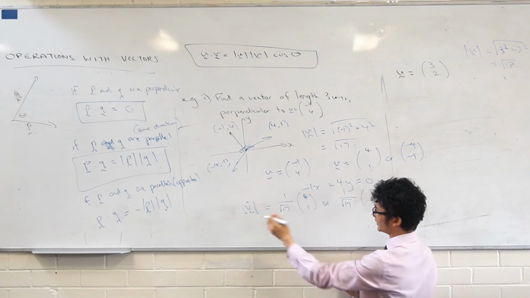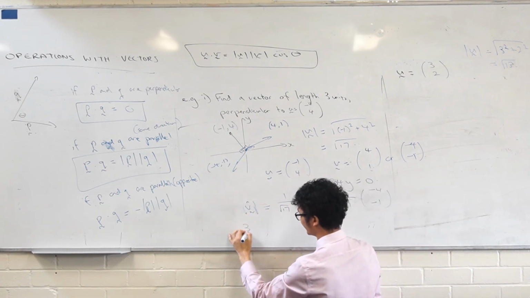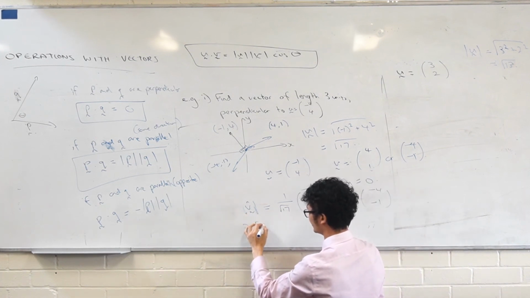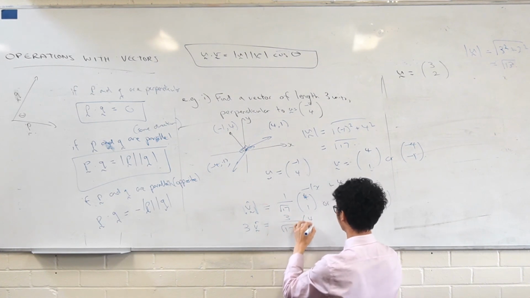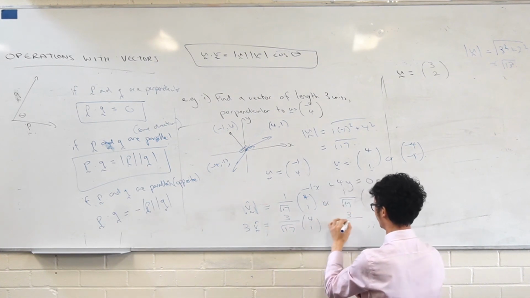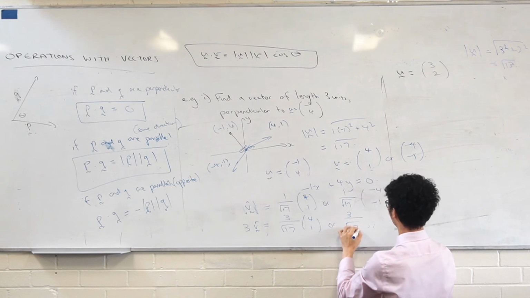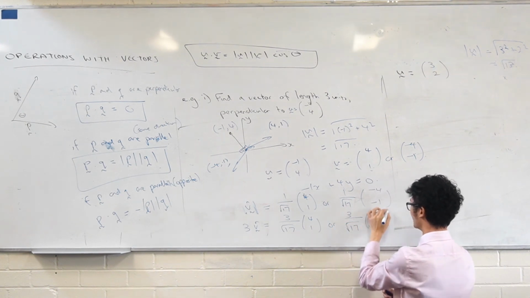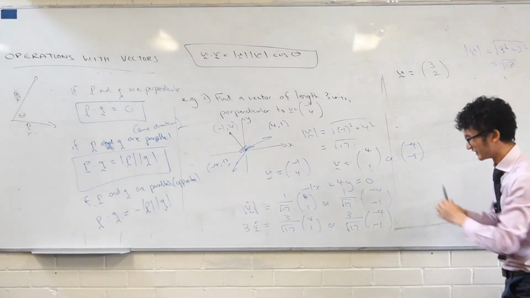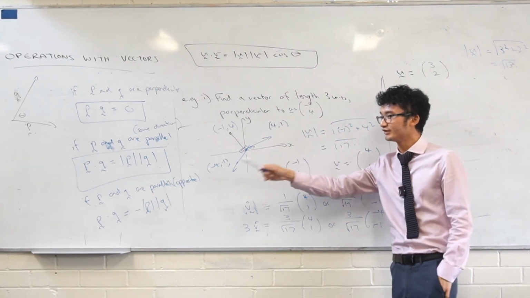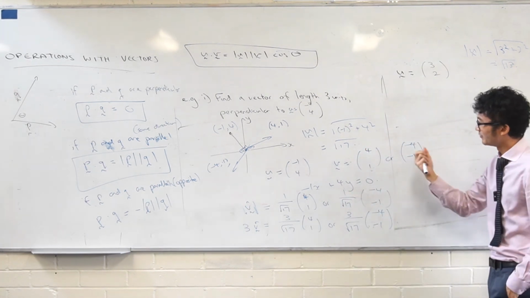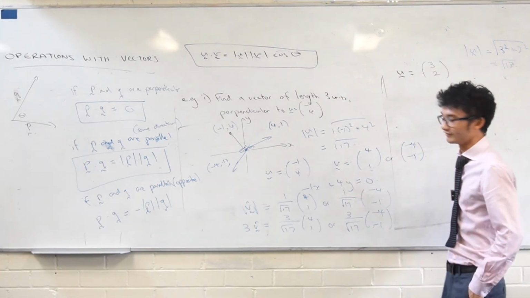If I want something of length 3, I can just multiply that by 3. So we end up with 3 on root 17 times (4, 1), or 3 on root 17 times (-4, -1). You can see how this problem has a few different layers to it. You have to think about what the actual coordinates are if they're going to be perpendicular, and then what happens if I want to make this a vector of length 3 units.